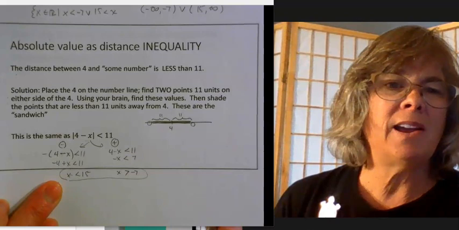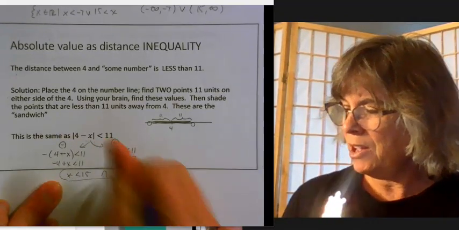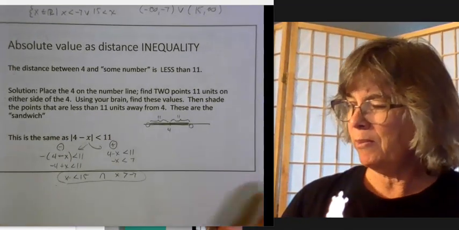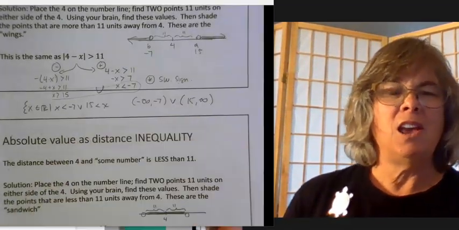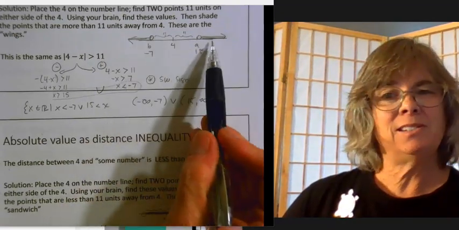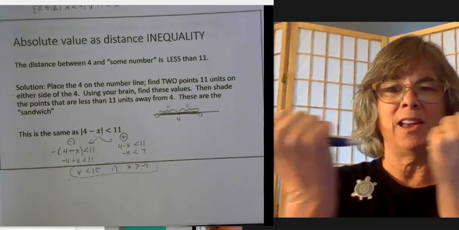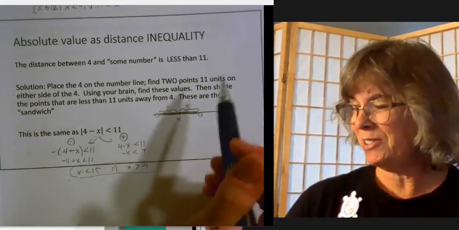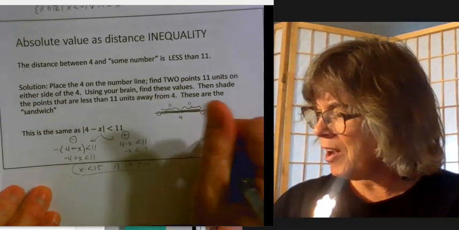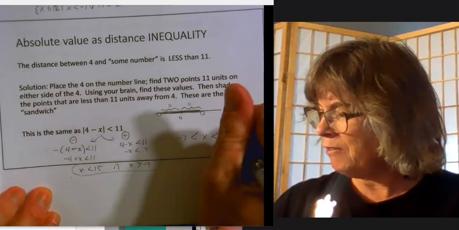So some of you might have memorized that this kind of situation has to be an intersect problem, and this kind of problem up here must be a union. If you think of this as distance and place it on the number line, and either consider it the wings or the sandwich, I like thinking of this. This is the sandwich. This is where your x is sandwiched in between -7 and 15.